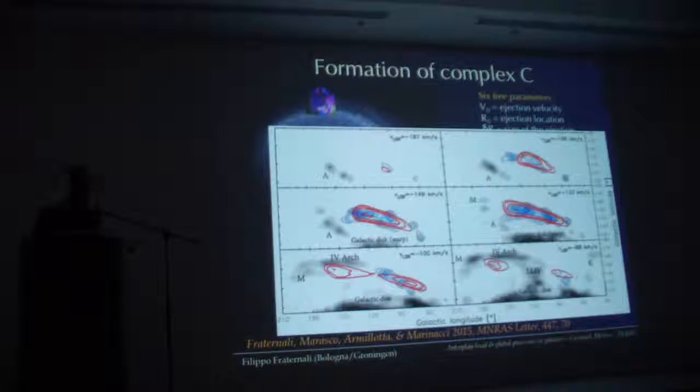The blue is the emission of the complex C. All the other gray stuff is something else, so you have to concentrate on the complex C, and the red contours are our model. To make a fit like this is not trivial at all, because here we are reproducing the shape, the location, and the velocity of the whole complex with that model.